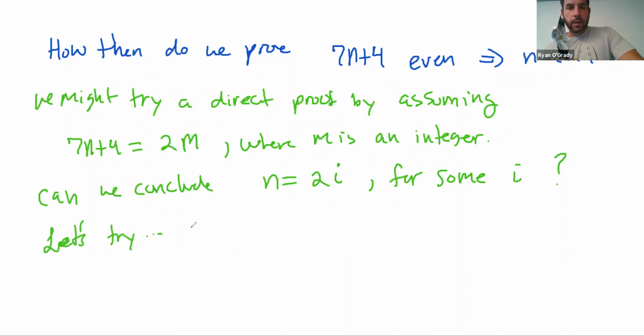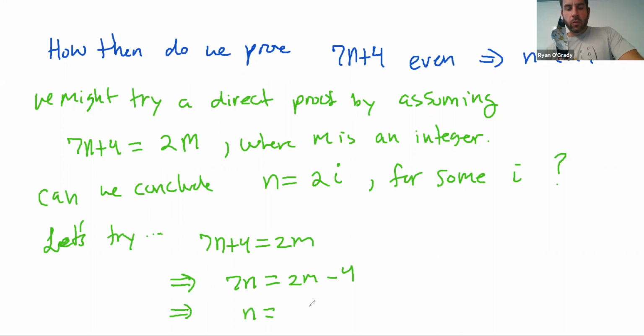So let's say, okay, if I have 7n plus 4 equals 2m, I might think that this implies that 7n equals 2m minus 4, and that implies that n equals (2m minus 4) over 7.